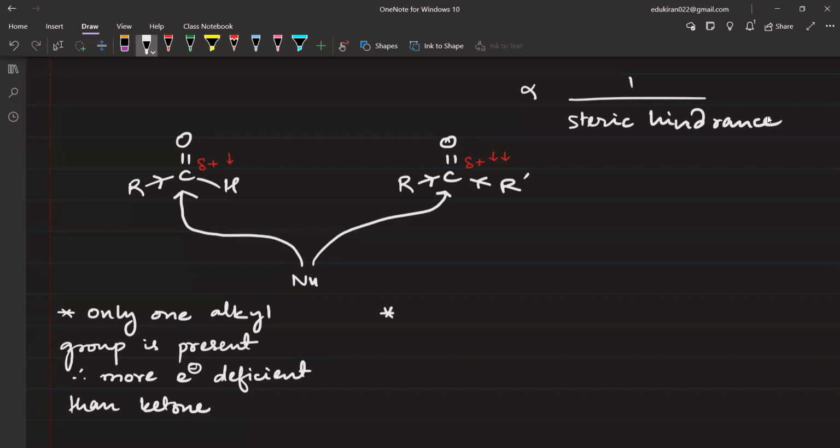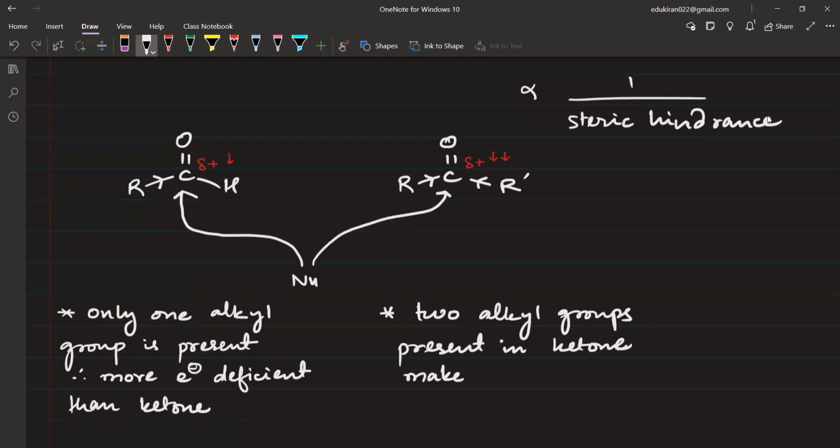But if I look at ketone, then it has two alkyl groups present in ketone, which make the carbonyl carbon less electron deficient.